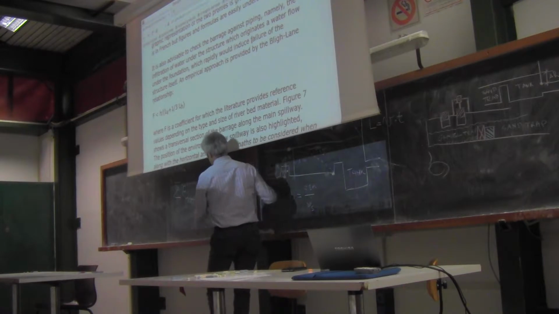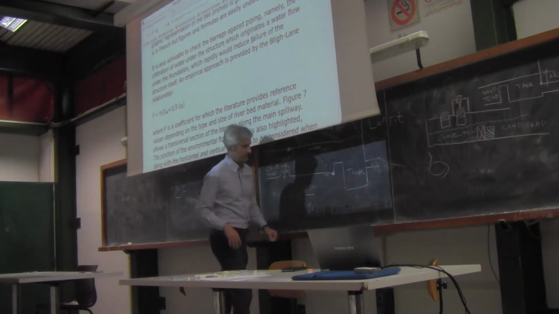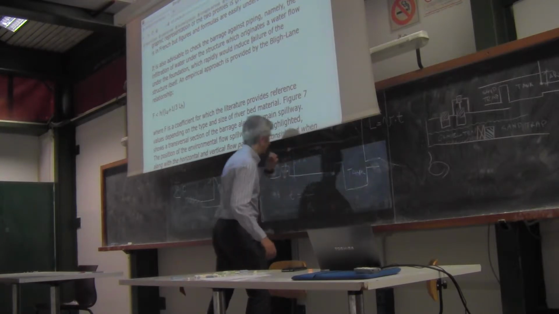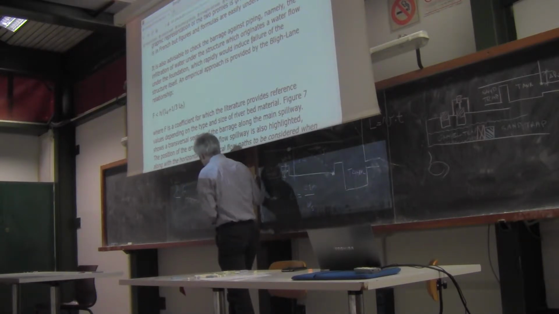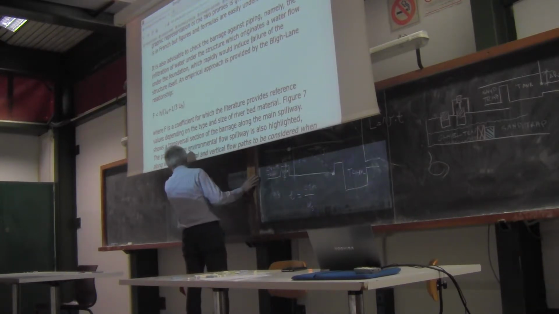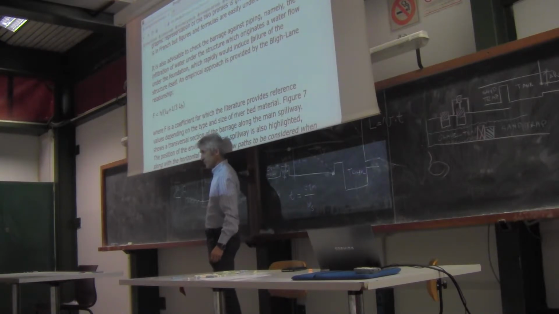And then you have upstream a water level, a max water level. The water flow of the structure is something like this, and you have a max water level which is H. This is what gives the pressure.